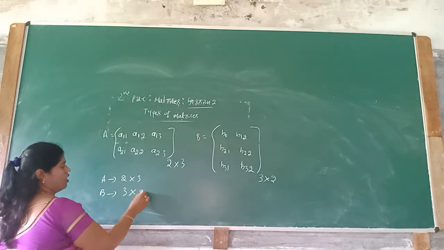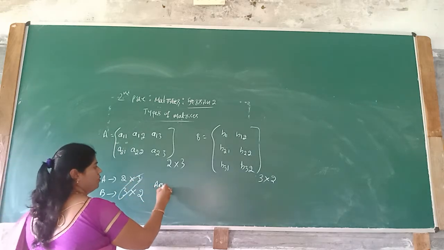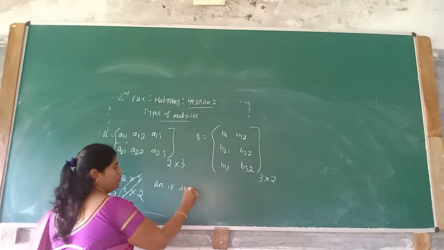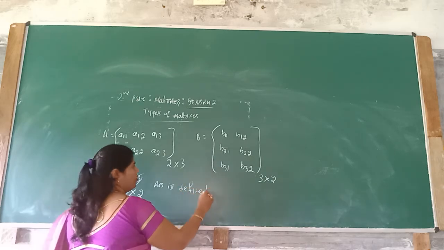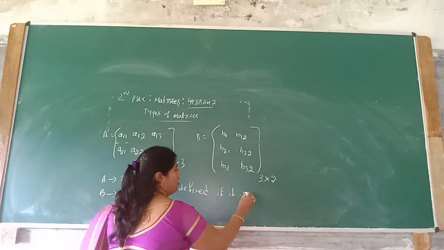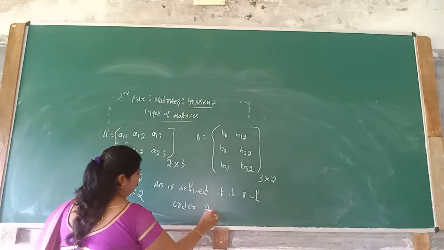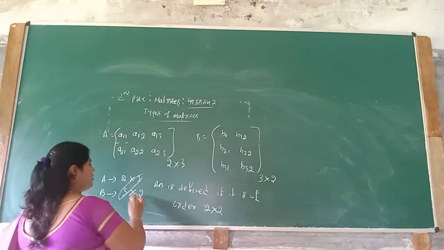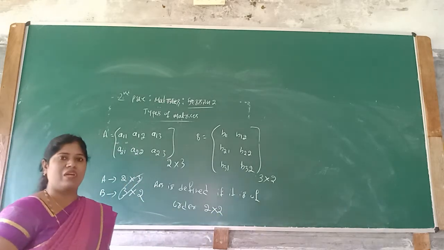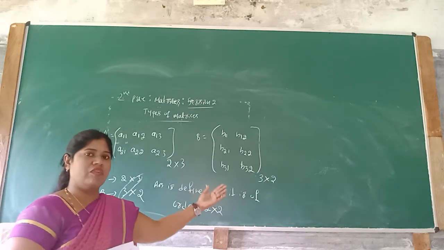So how will it be defined? AB is defined if it is of order 2 cross 2. We have to get a 2 cross 2 matrix after multiplying. Then only it is going to be defined; otherwise, it is not.